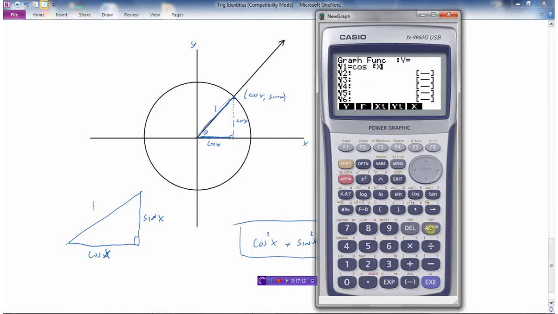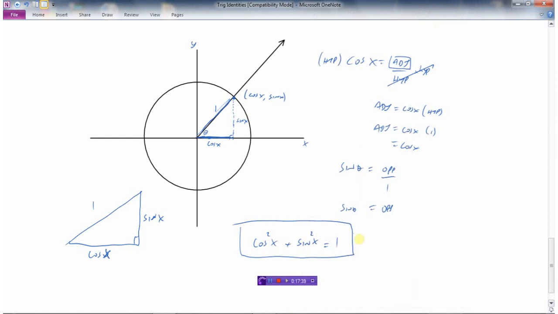It doesn't understand that, so you got to go bracket cosine x squared plus sine x all squared. And when we graph this, this should equal 1. There we go. We got a line at 1.